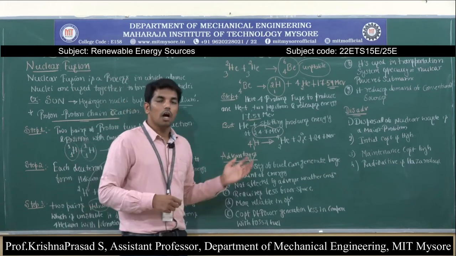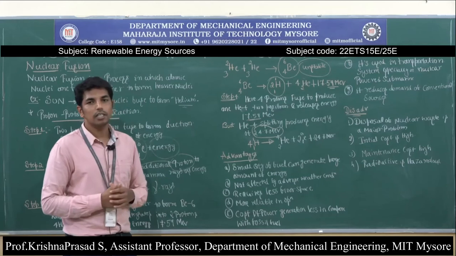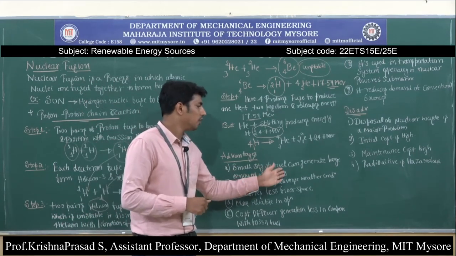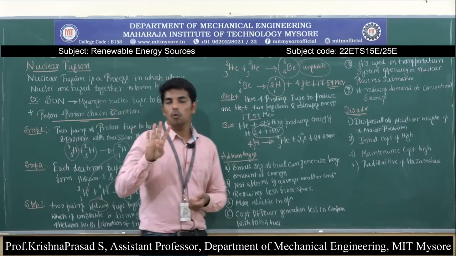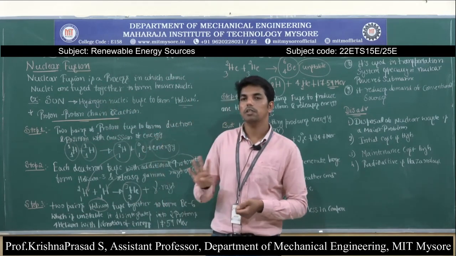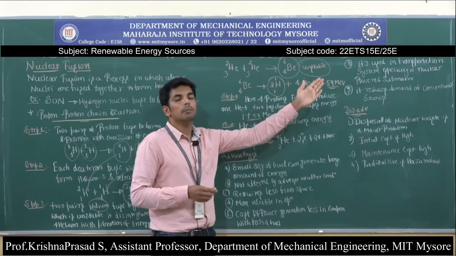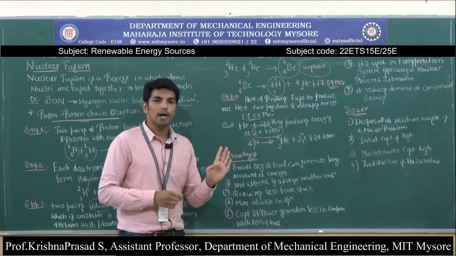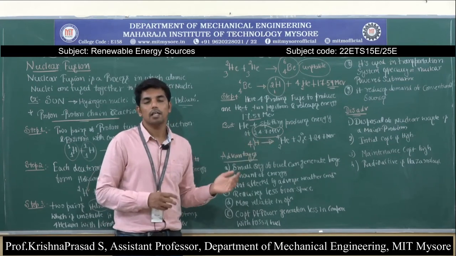Next, advantages of nuclear energy. The main advantage of nuclear energy is that a small quantity of fuel can generate a large amount of energy. Yes, here only 4 protons are used in order to release 17.59 mega electron volts, and also the splitting of the helium atom itself releases 24.7 mega electron volts.